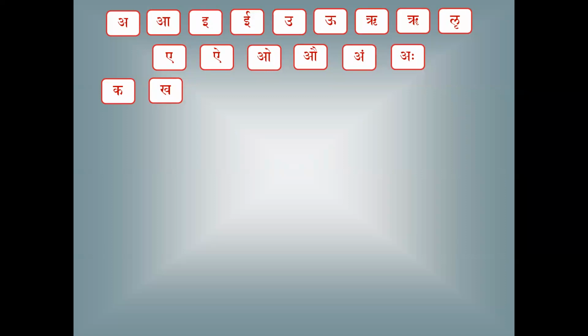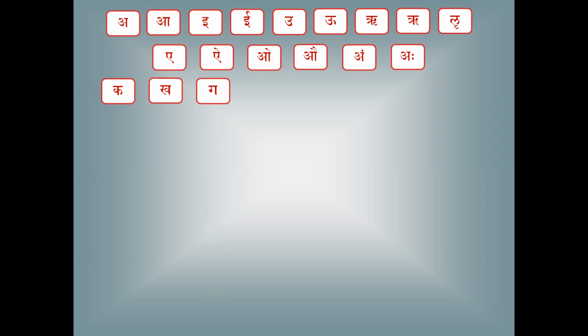The first one is ka. So what about the second one? Kha. Yes. The Mahaprana. When you say kha, you can see you breathe out more air. Kha is Mahaprana. Ka is Alpaprana. The same way, all the letters.